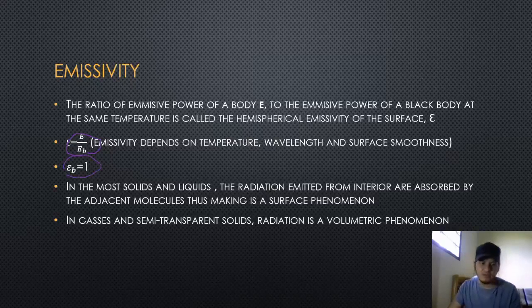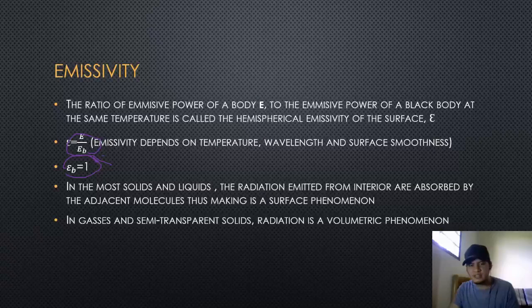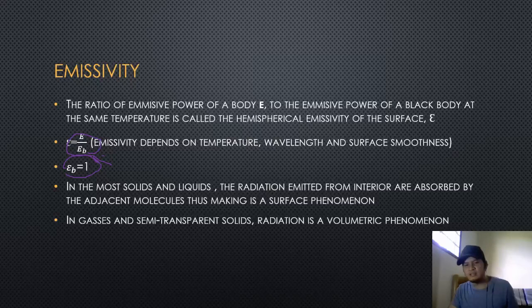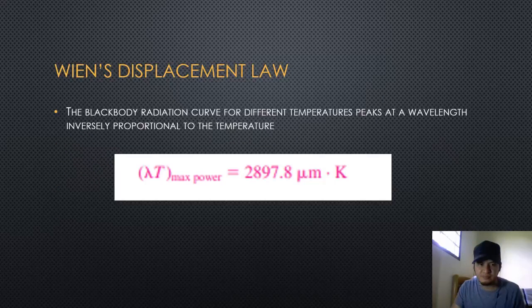For a black body, emissivity is equal to 1. In most solids and liquids, the radiation emitted from the interior is absorbed by the adjacent molecules, thus making it a surface phenomenon. In gases and semi-transparent solids, radiation is a volumetric phenomenon.